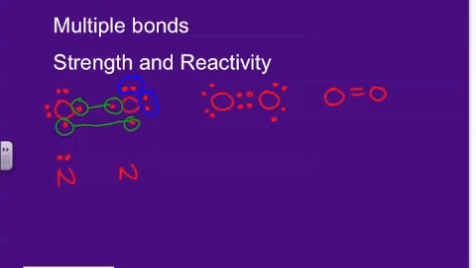Nitrogen, on the other hand, is this. Nitrogen has 5 valence electrons. So each of those unpaired electrons can pair up.